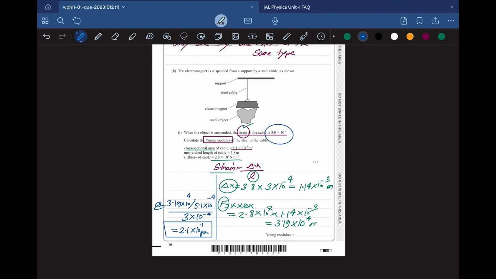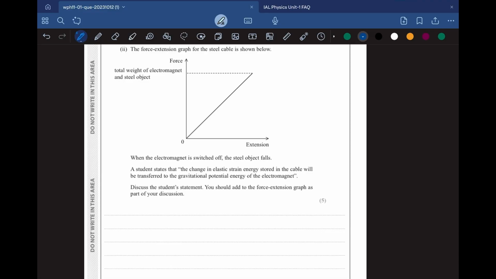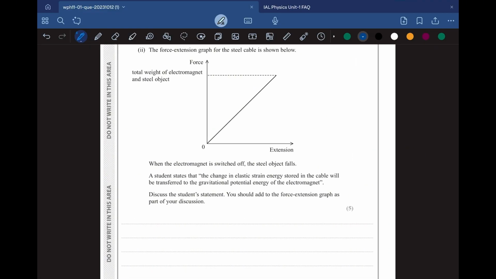Now let's move forward to the most important question, which is this one. It was one of the most difficult questions from that October 2023 paper, and a lot of students faced issues with this one. It says the force extension graph for the steel cable is shown below. So this is the total weight of the electromagnet and the steel object, and as weight is a force, it is indicating this one.